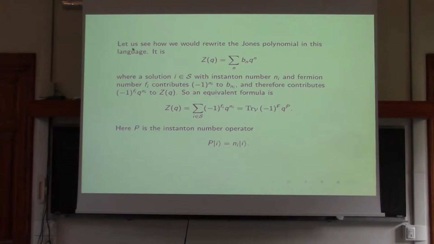A formula equivalent to this one is that the Jones polynomial is the sum over solutions of the contribution of each solution, and trivially we can write that as a trace in this vector space that has basis vectors corresponding to solutions. In this trace I've introduced the operator P that multiplies the state i by its instanton number. So we've rewritten the Jones polynomial as a trace, but we haven't done anything. We've just shuffled things around.